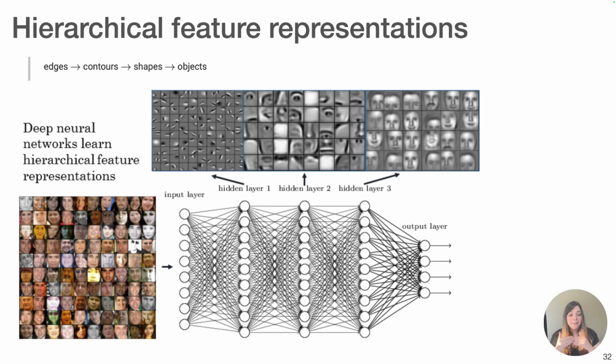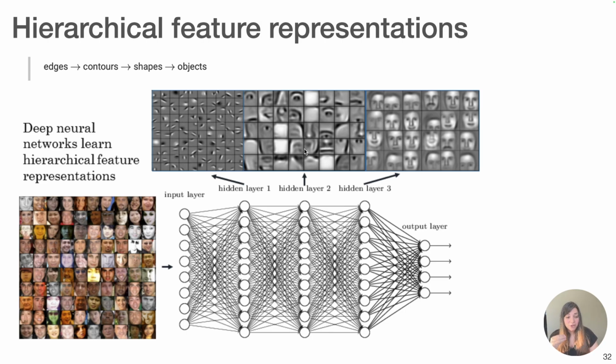And because it has this feature of layering on top of each other, it also has the potential of learning feature representations that are hierarchical, meaning that, for example, early layers in the network would learn simple edges, simple edge detections. So, for example, here you're just detecting little blobs of edges, but deeper layers into the network would then compose this into contours and shapes, and finally objects.